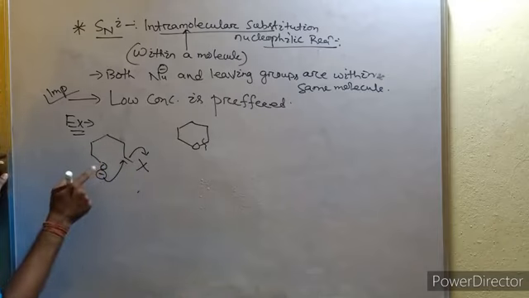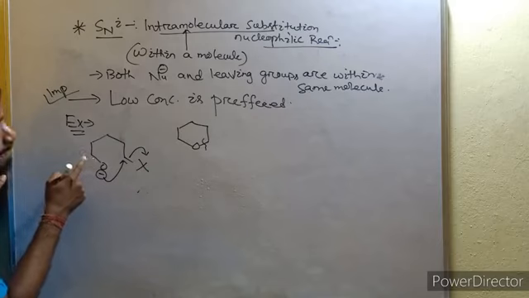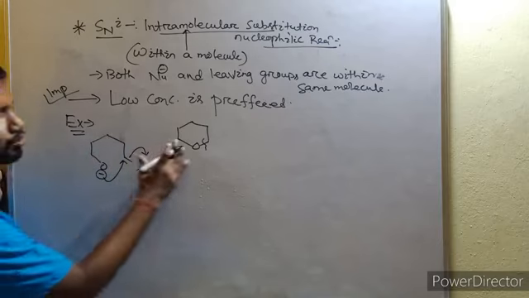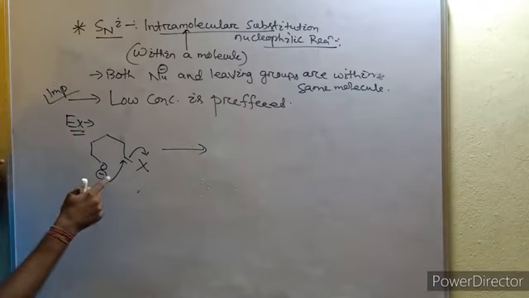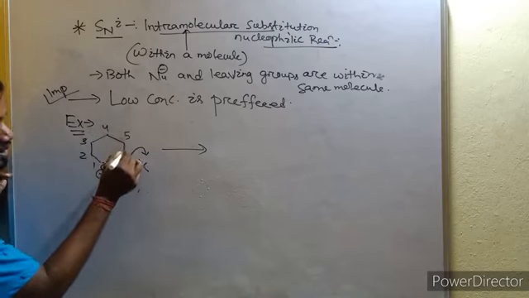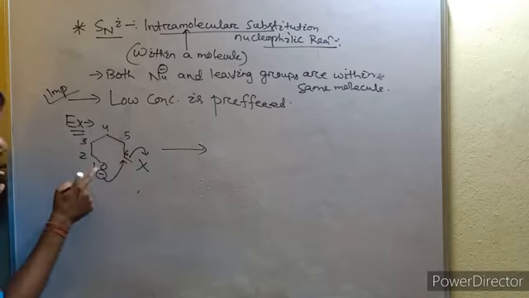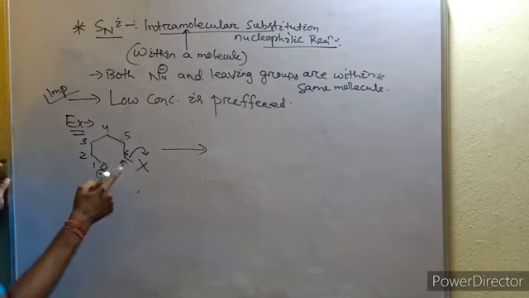Clear? So now you can say this total mechanism is happening within this molecule to give what it is giving. See O, mark it 1 2 3 4 5 6. So 1 is connecting to 6. So this will become a 6-membered ring.